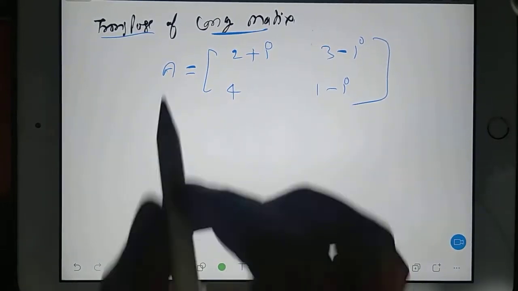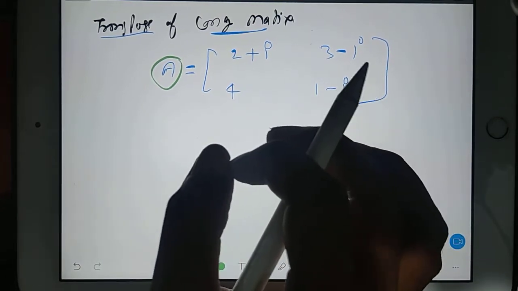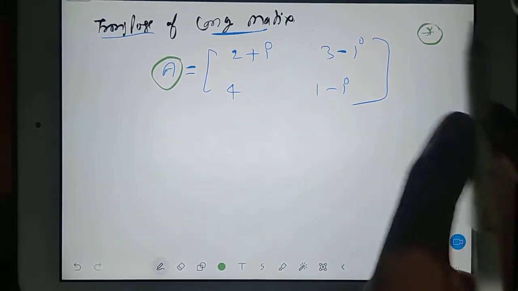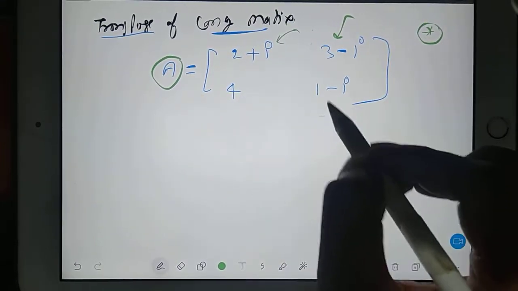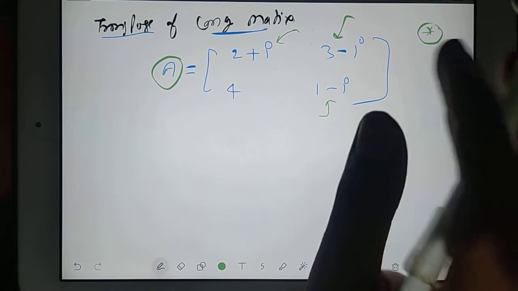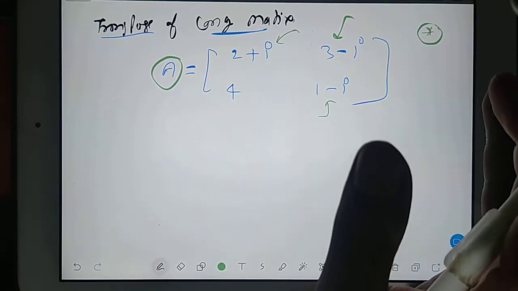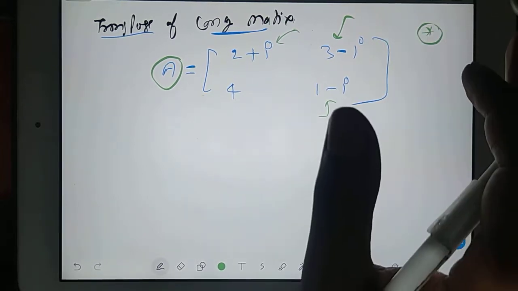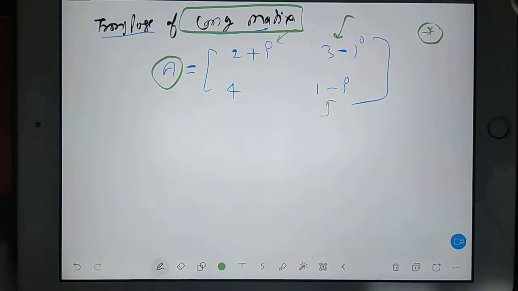Now I want to do the transpose. Again, we are not dealing with a normal matrix. We are dealing with a matrix which contains complex numbers. So when a matrix contains complex numbers, then when we find the transpose, we change the symbol. So we are finding the transpose of the conjugate matrix.